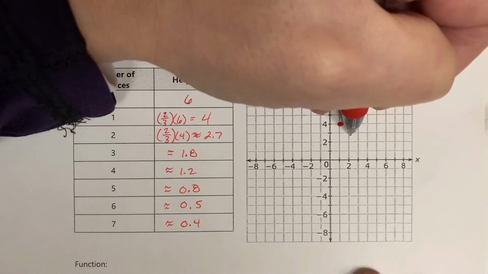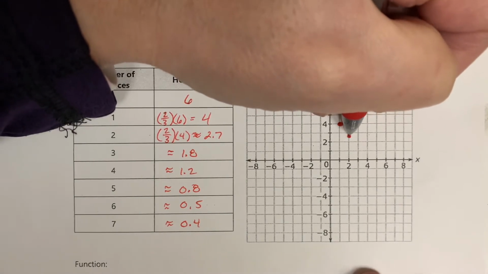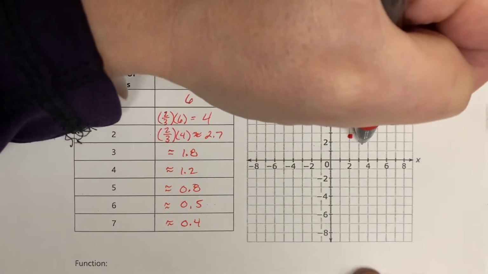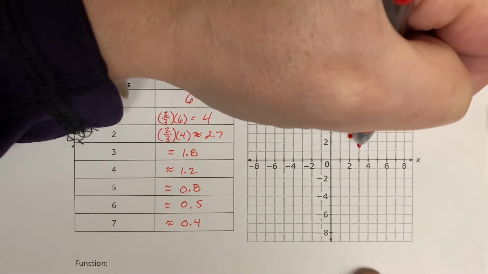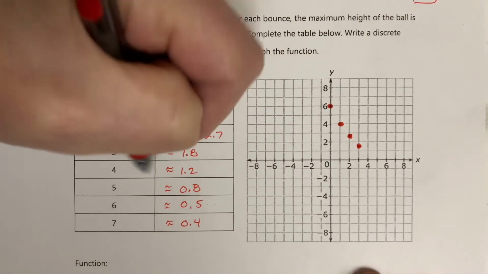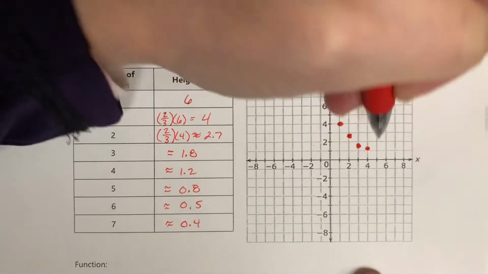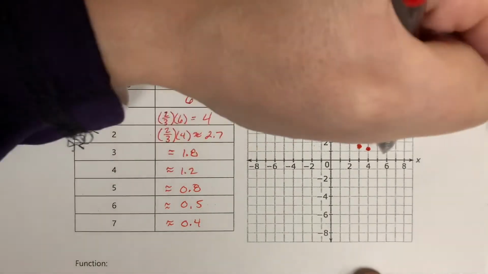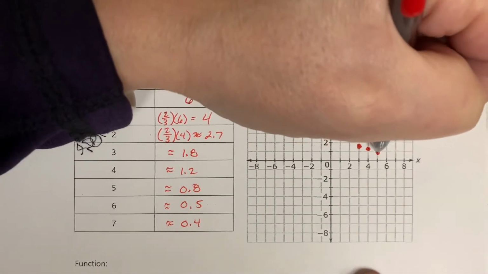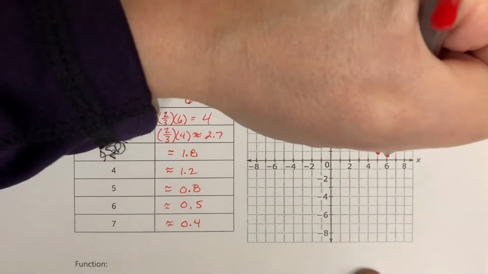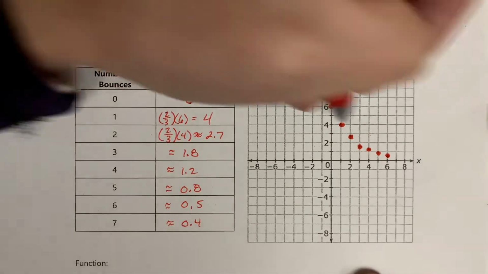It's going to be almost a 3, maybe right there. 3, 1.8. It's about right here. 4, 1.2. 5, 0.8. 6, 0.5. And 7, 0.4.